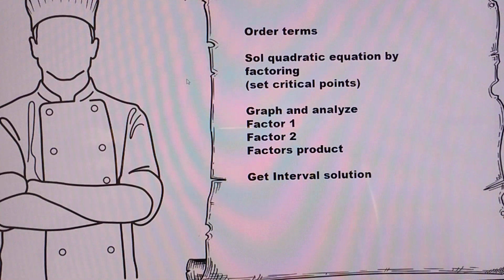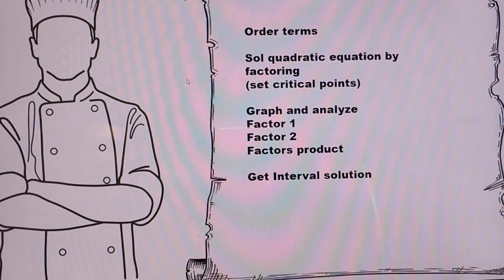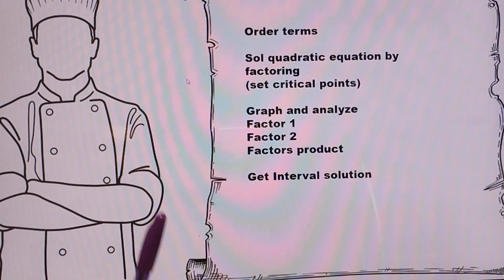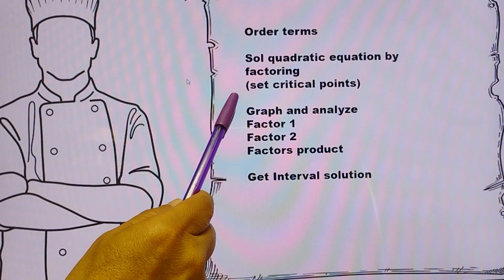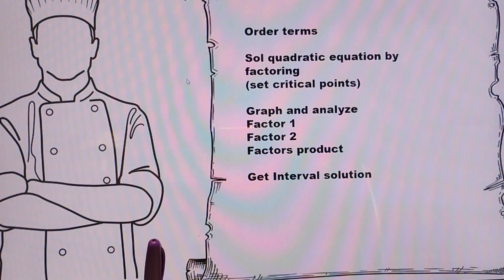To resume, what did we do? We use this recipe. At first, we order the terms, then we get the solution of the quadratic equation by factoring. That solution gives us the critical points.